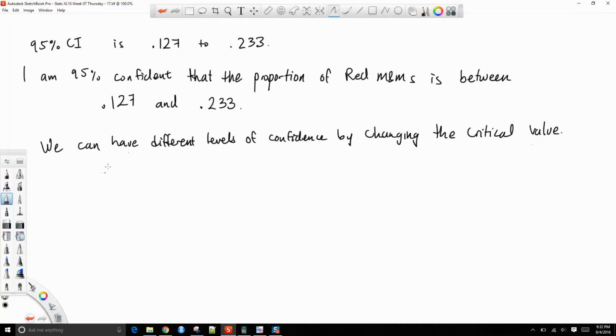Our confidence interval can actually be written as p hat plus or minus z star times our standard error.